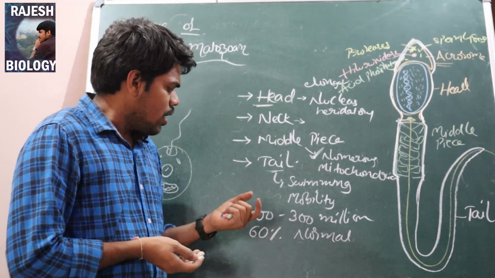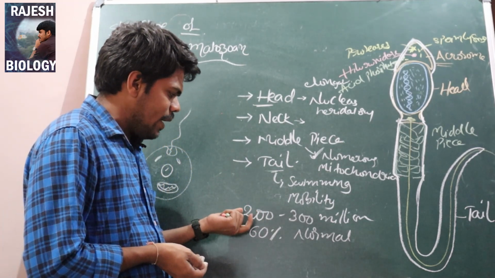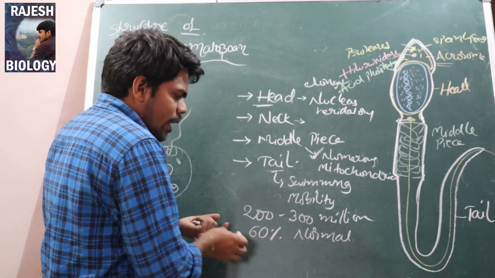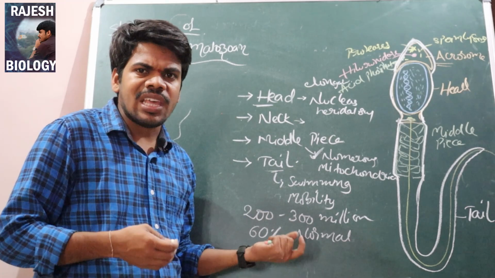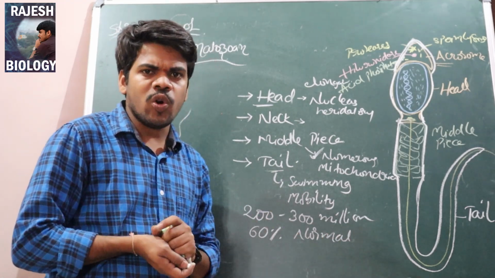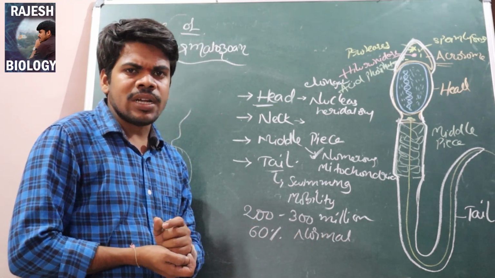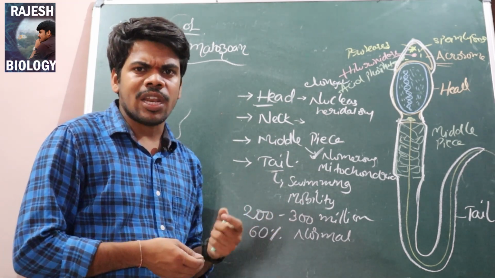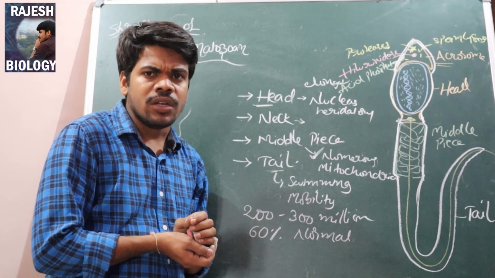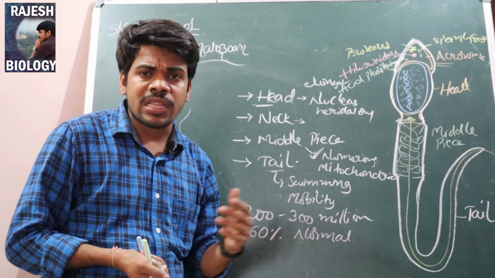That means out of 200 million, only 120 million show the normal shape and structure. The remaining 40% have some problems in swimming. Maybe they lose their tail, or maybe they lose their acrosome part, so they are not capable of fertilizing the ovum.